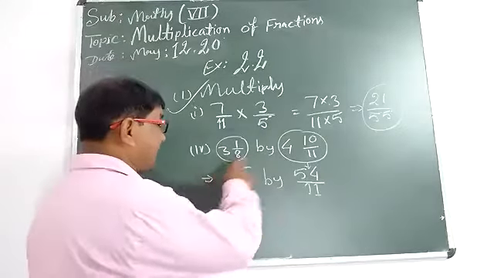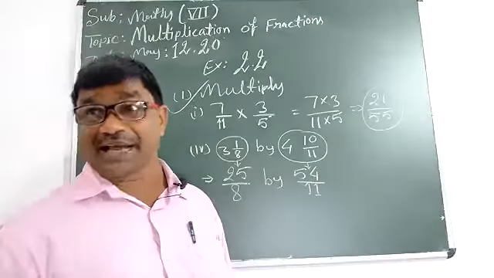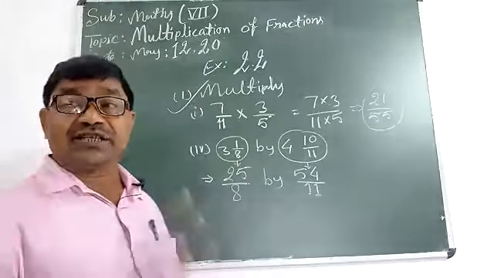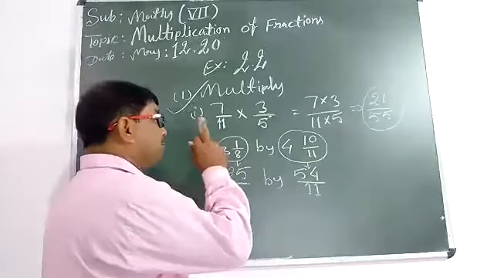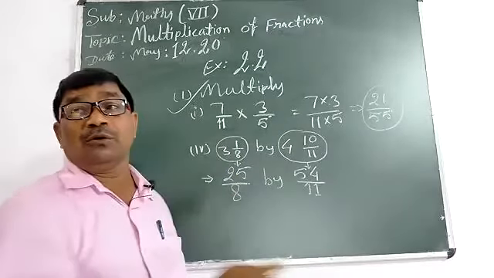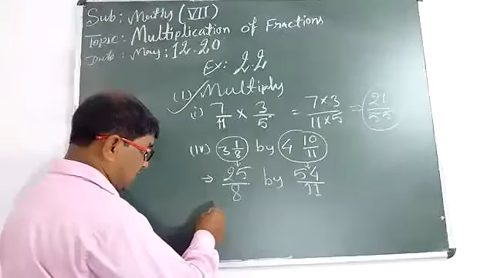The fractions are not given either proper or improper. They are given in mixed form. So first of all, we should change the mixed fraction into improper fraction. Then we will go to today's concept.